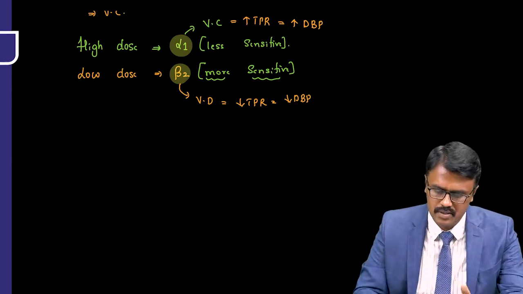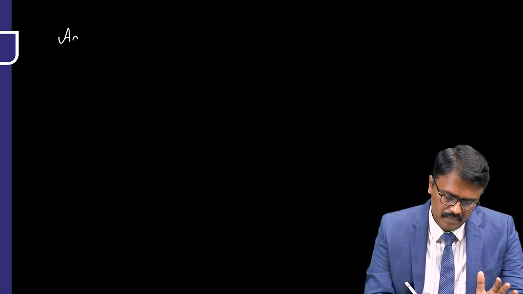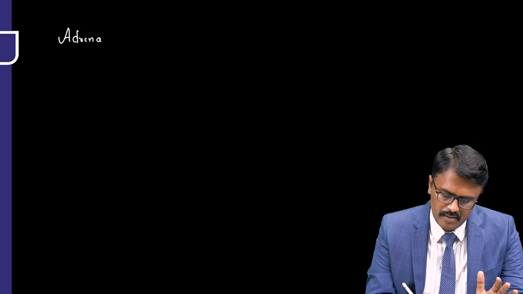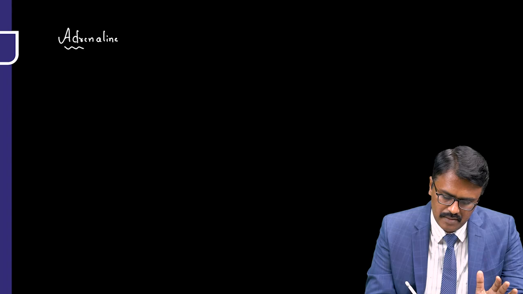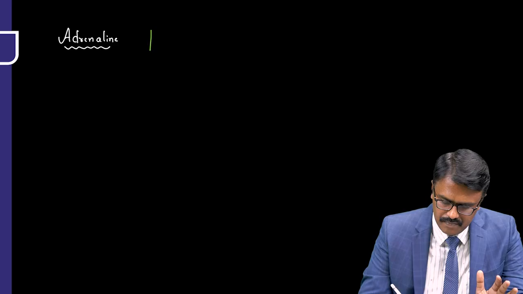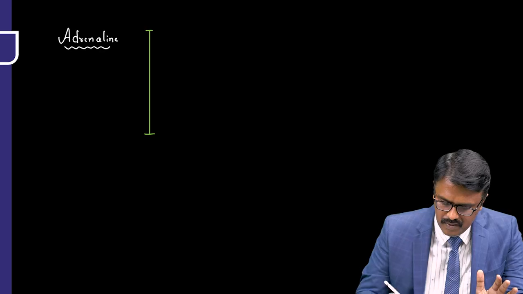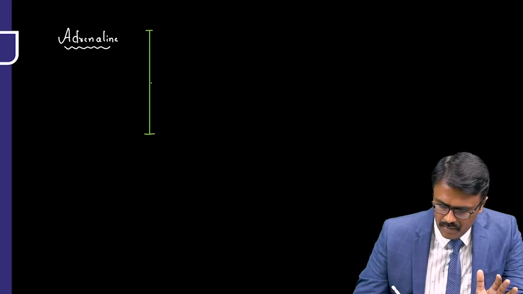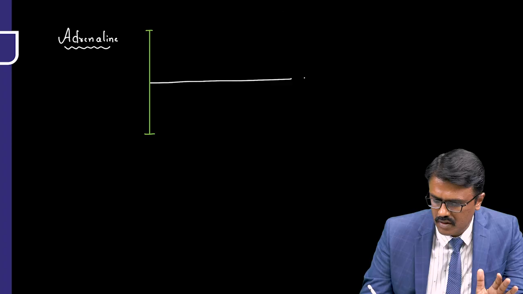Now what happens when we use this adrenaline in an animal experiment? When we give adrenaline to an experimental animal, we observe that this is the blood pressure. Let me write. This line is the normal blood pressure. This is the normal BP.